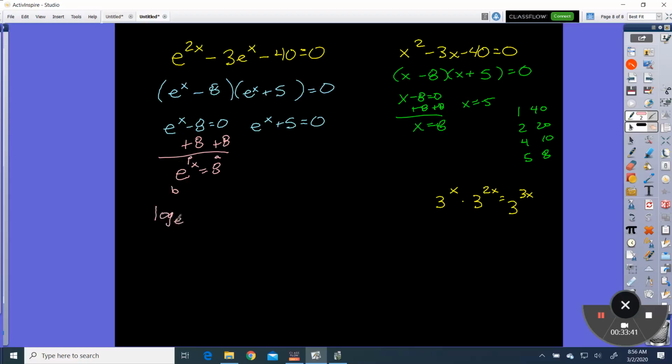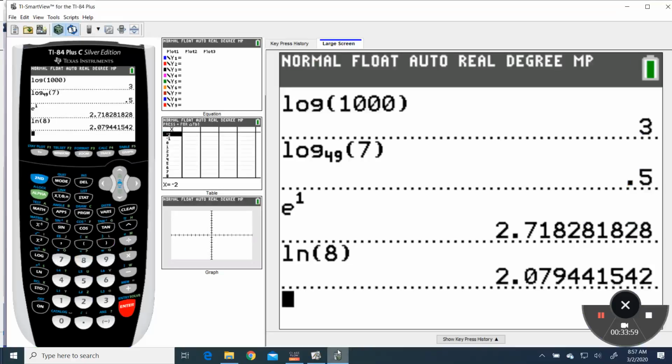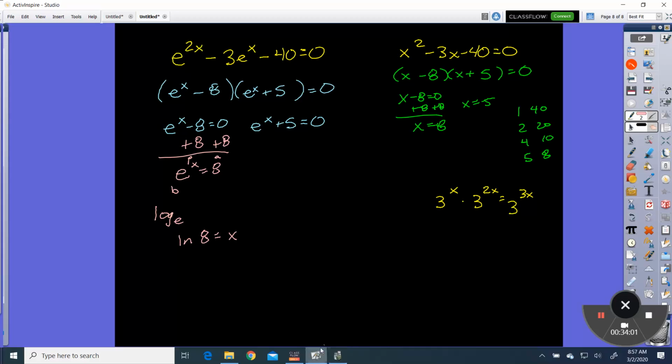So what's log e? ln. And then the answer is 8 equals x. There's your answer. x equals the natural log of 8. And you can type that in your calculator. Go to your calculator, ln of 8. 2.079.